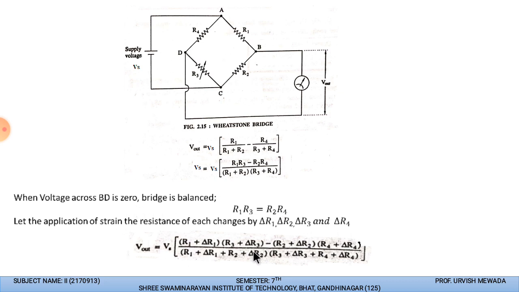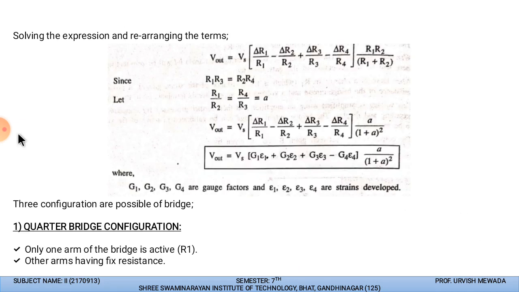This is how we can write the equation by adding the resistances which change after strain is applied. Solving the above expression, V out is equal to Vs into delta R1 by R1, delta R2 by R2, delta R3 by R3 and delta R4 by R4, and the equivalent resistance of the arm R1 and R2 is R1 into R2 divided by R1 plus R2.